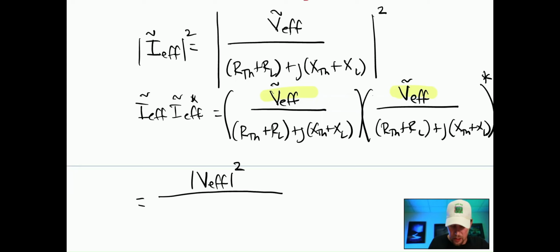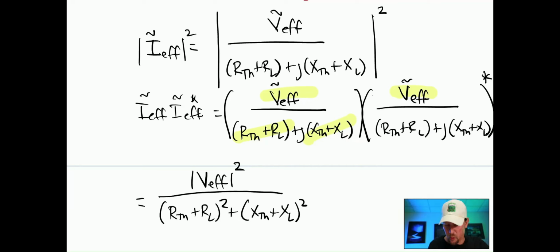And on the bottom here, it's going to be this term squared plus that term squared. So I can say, based on previous calculations, this is going to be the Thevenin resistance plus R L quantity squared, because that's the real part, plus the reactive part quantity squared.